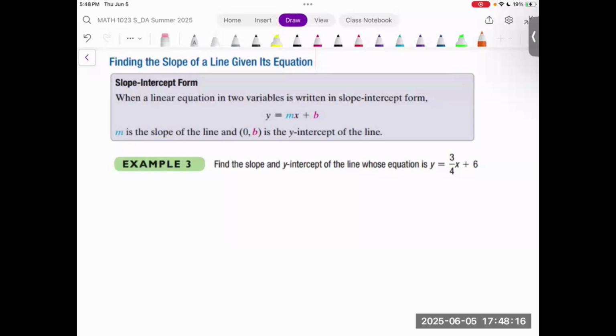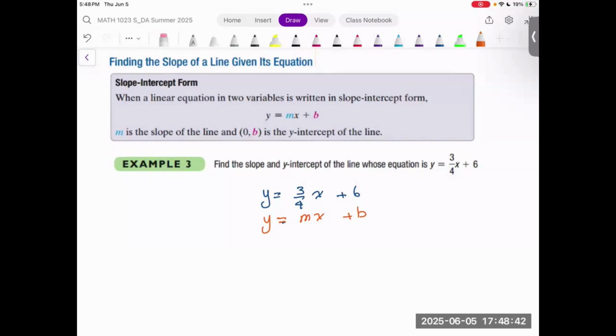Okay, so this is the equation, guys, right? So what we got here is y equals 3 over 4 x plus 6. We good? Now my formula is y equals mx plus b, right? Can you make the identification?